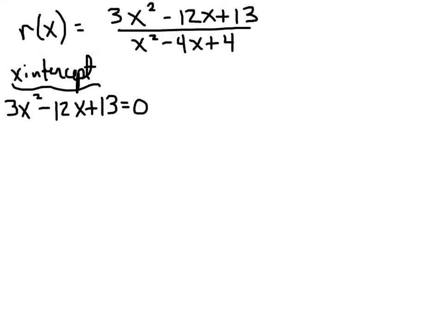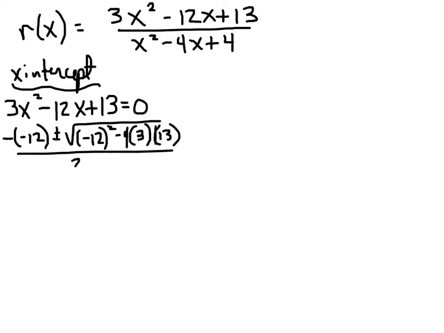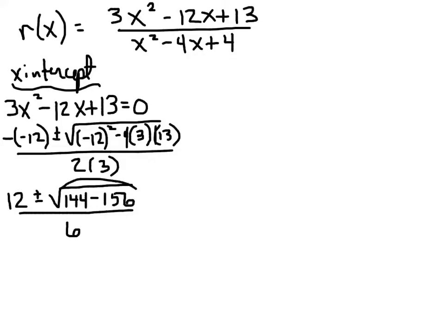So then I've got to use the quadratic formula: negative negative 12 plus or minus the square root of negative 12 squared minus 4 times 3 times 13, all over 2 times 3. I get a positive 12 in the front, I get 144 for the negative 12 squared, but then I get minus 156. And now my red flag comes up, because that's going to be a negative number, which means it does not cross the x-axis. So as far as the x-intercept goes, there would be none.